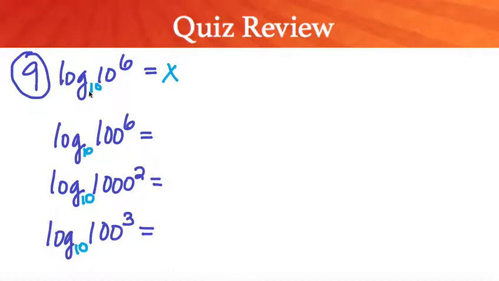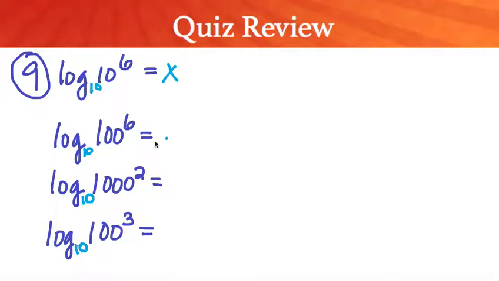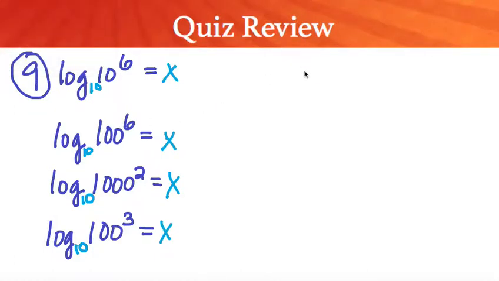To remember that for the quiz, I think you should put 10, 10, 10 all the way down, and then put x's in here. I'm going to change the color so that you can see this. Now I'm going to convert it. I'm using this 10 here and this x because this is the exponent. So we're going to go 10 to the x equals 10 to the 6.